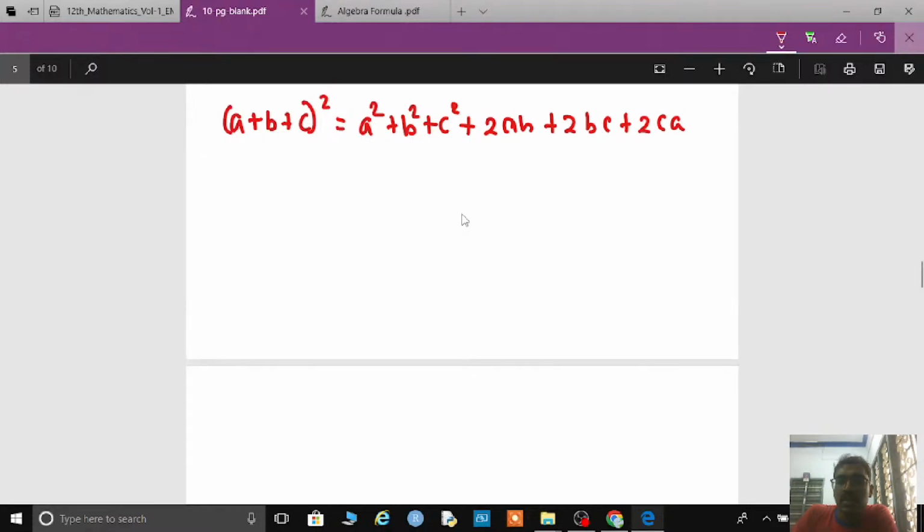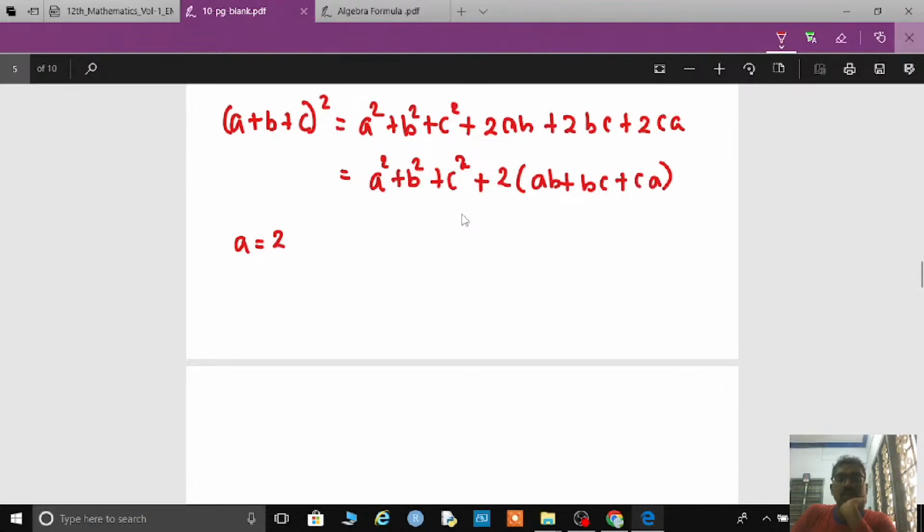Got it? So all the 2's are repeated, so we can do one thing: take out 2 as common outside, and replace them by ab plus bc plus ca. That's all.